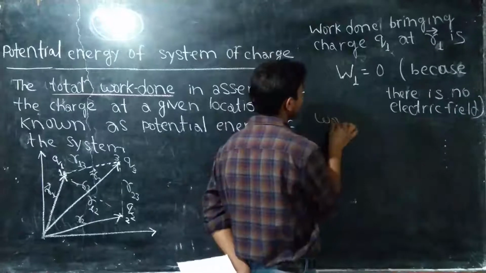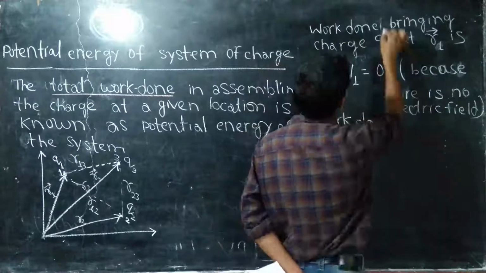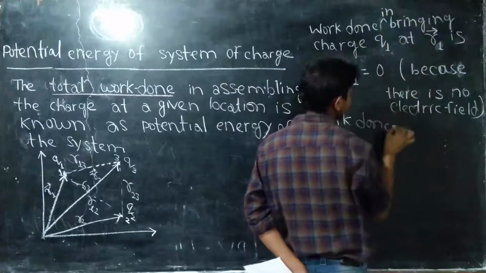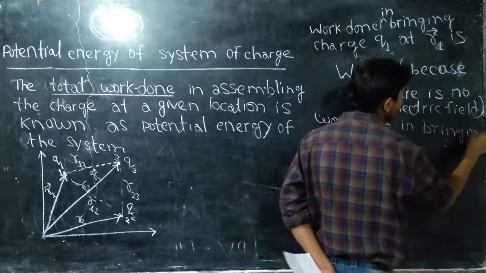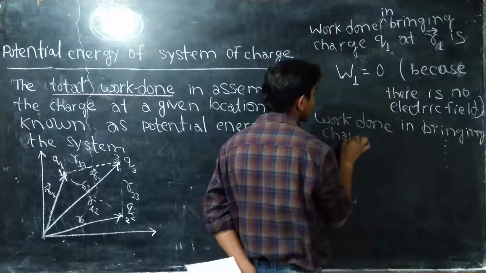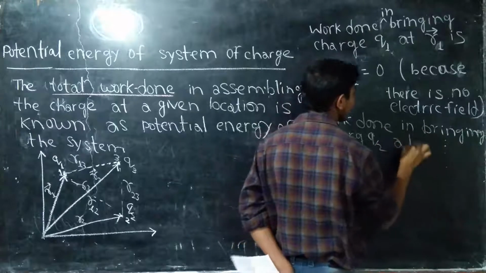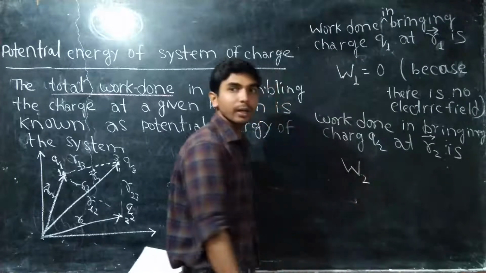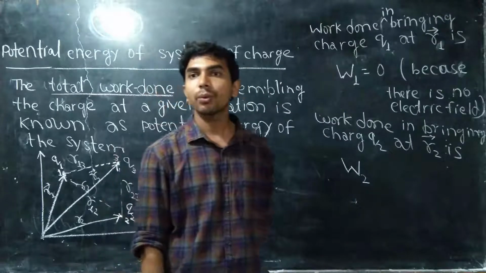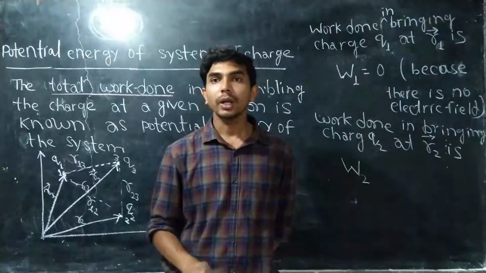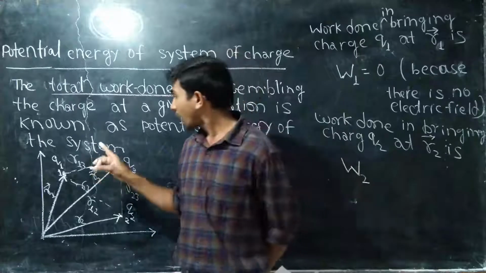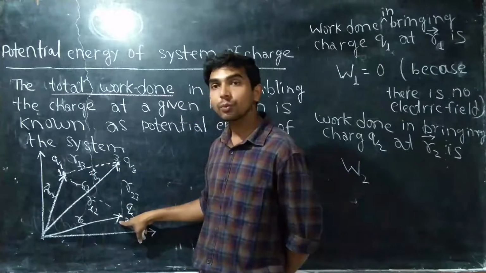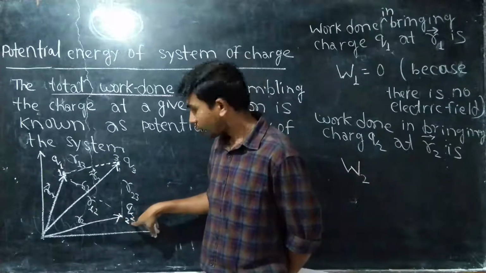Next, work done in bringing charge Q2 at R2 is W2, right? And how much is the value of W2? This W2 will be equal to the potential at this point into Q2.